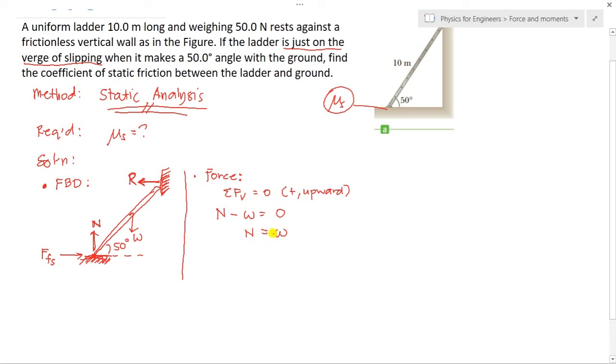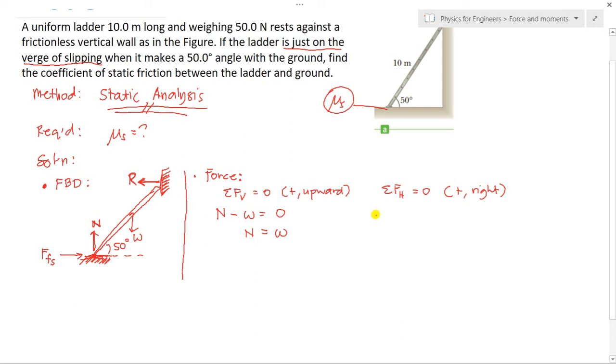How about forces along the horizontal? So I have here summation of forces along horizontal is equal to 0. So I can say positive if it points to the right. So unsa man nag-interact na mga forces along the left and right? Unsa man? We have, okay.